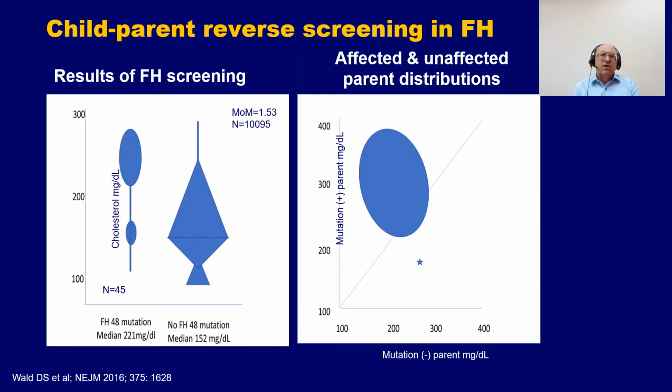And this has actually been done by David Wald in the UK, and he showed that you can use multiples of the median for cholesterol to identify potential cases of FH, who you then go and genotype.